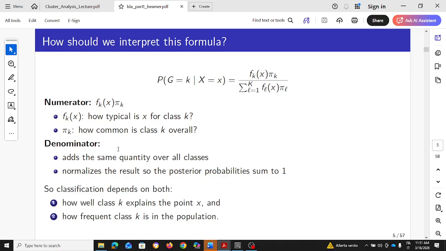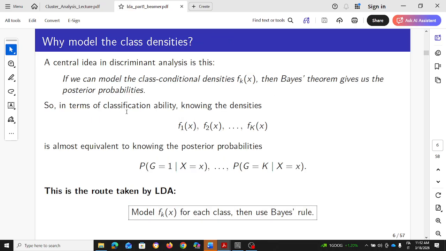So the classification for a new point depends on two things: its density, how well this class is defined, and second, the prior probability. So if we have these two things, we can make a good classification, okay.